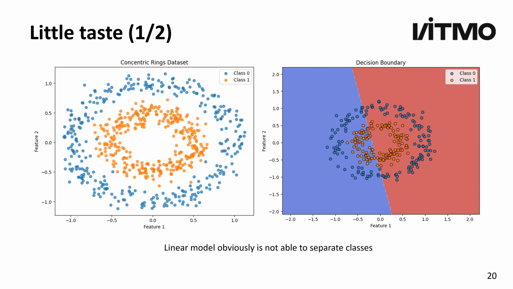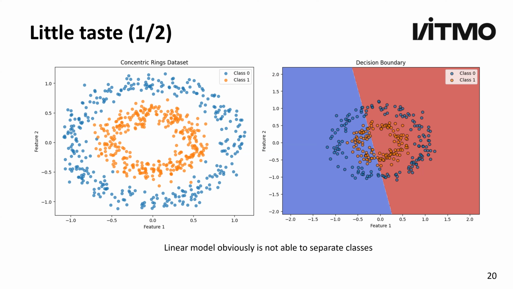class 0. If you try to draw a line in Cartesian coordinates, you obviously won't be able to separate the two classes. It's just like 101 of machine learning and 101 of topology.